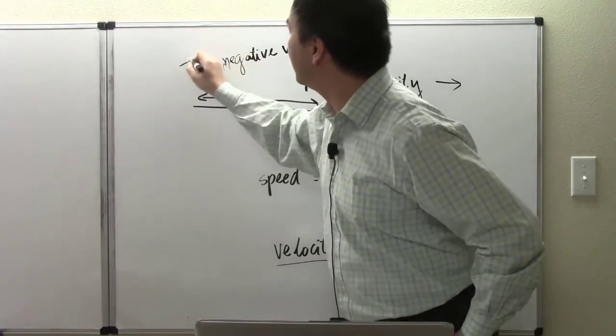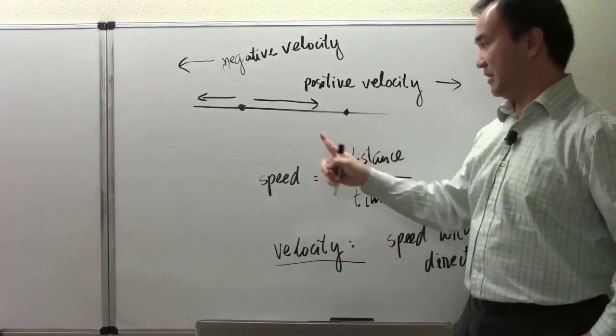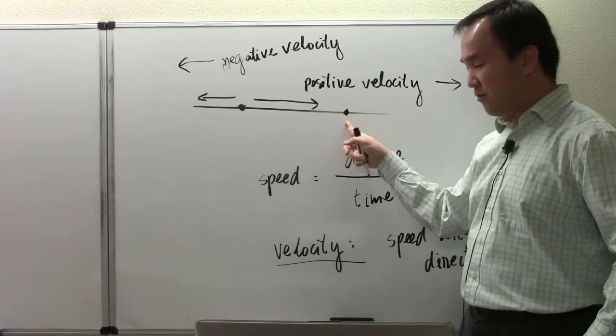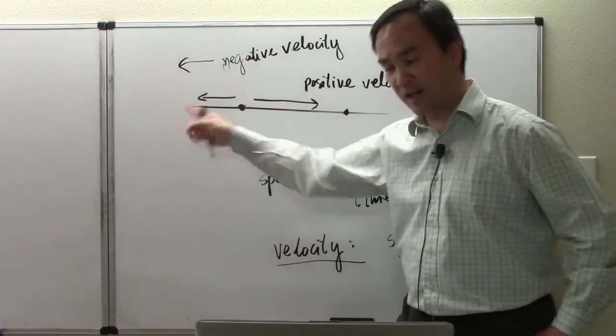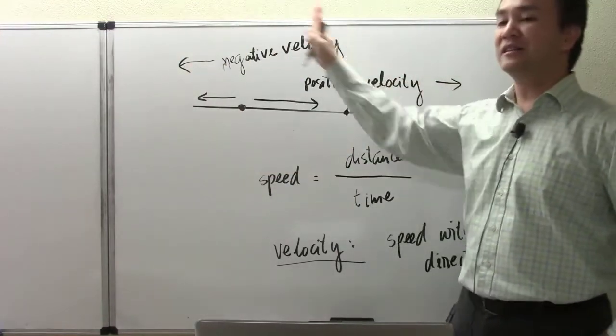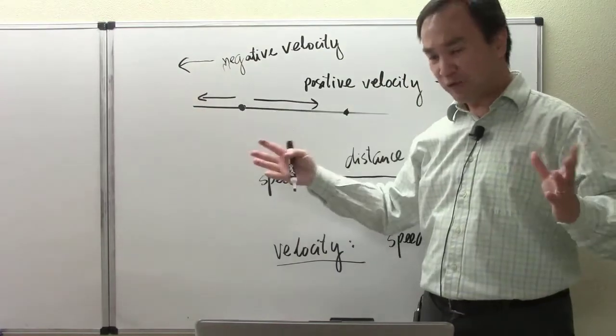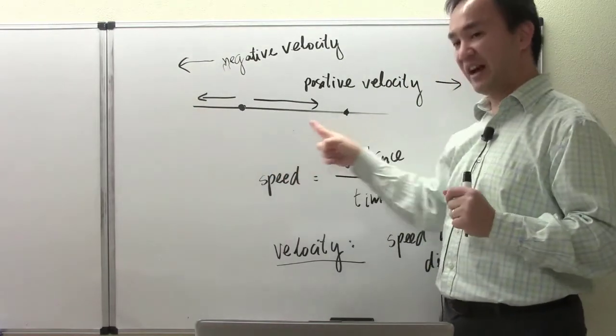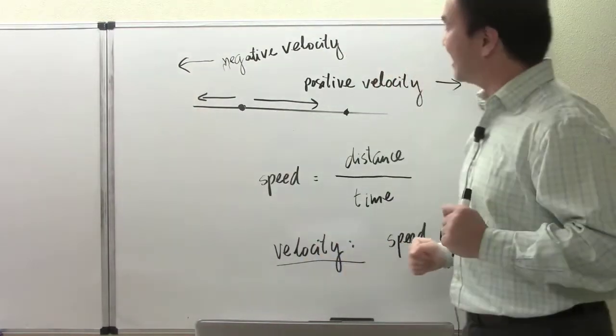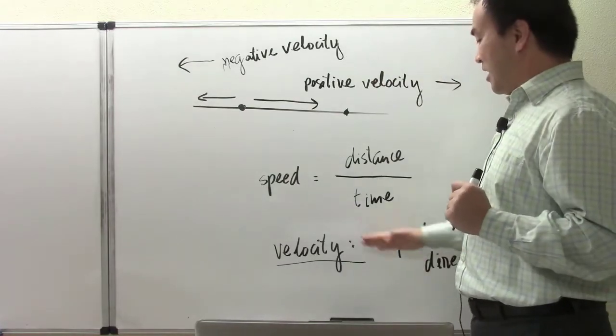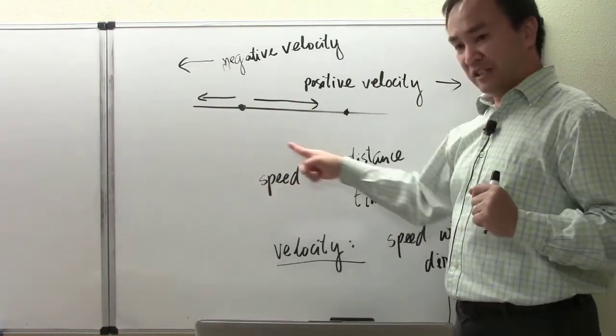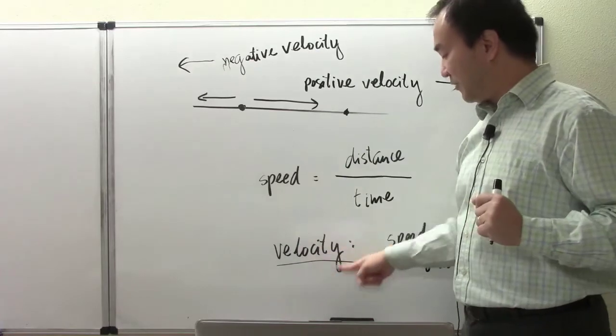So once again, there's speed here, how fast we're going that way, and how fast we're going the other way. Generally speaking, it's called velocity: how fast we're moving in the positive direction, and how fast we're moving in the negative direction. That's why speed is not the accurate way of saying that. We're looking at velocity.